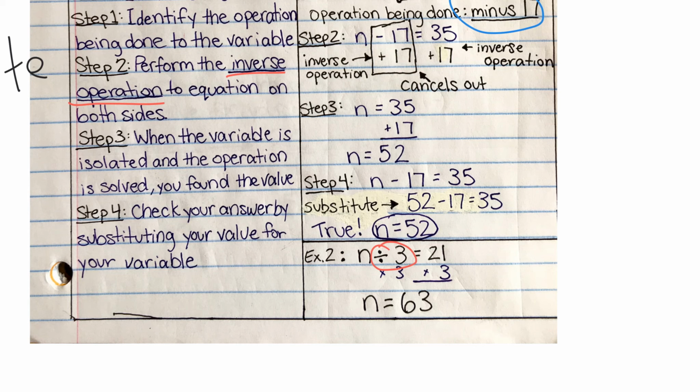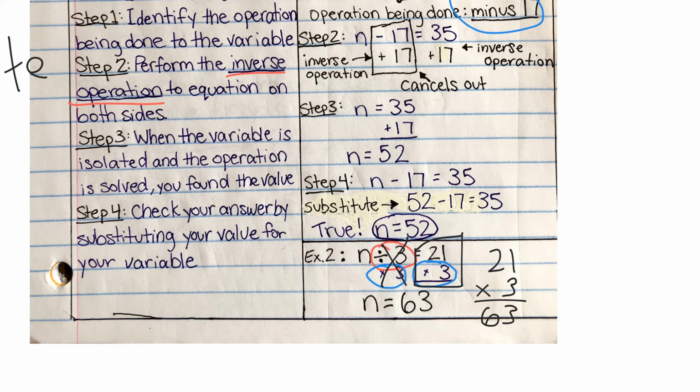So the opposite of dividing by 3 is multiplying by 3 on both sides. So we know here a dividing by 3 and a multiplying by 3 are going to cancel themselves out because they are inverses. So all we are left with here is 21 times 3. 3 times 1 is 3, 3 times 2 is 6, so 63.